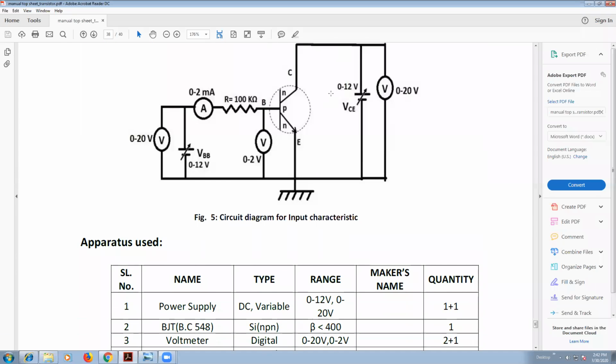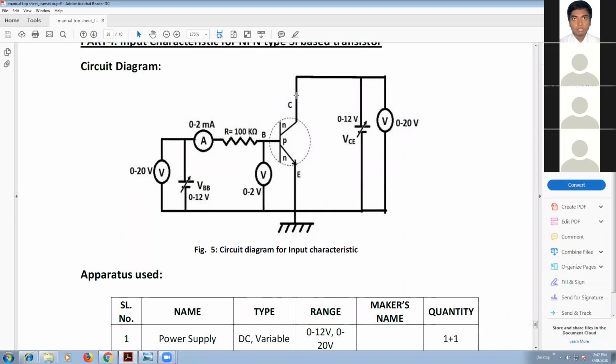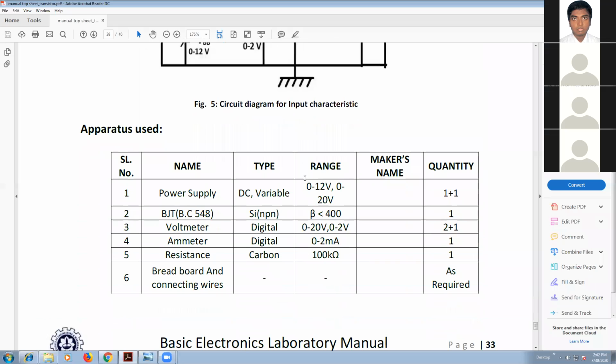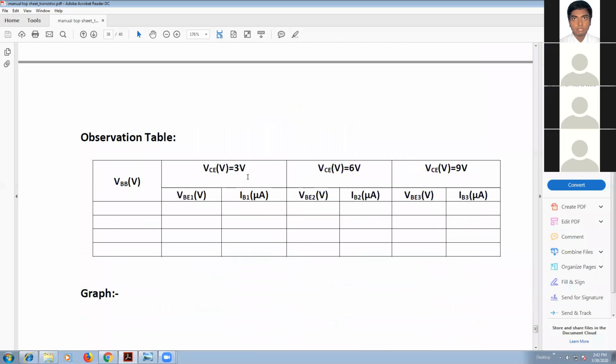Then first we have to fix the voltage between VCE, that is we have to keep VCE at 3 volt. Then we have to vary VBB from 0 volt to 12 volt, keeping the difference 0.2. Then we have to note down the corresponding VBE and IB.